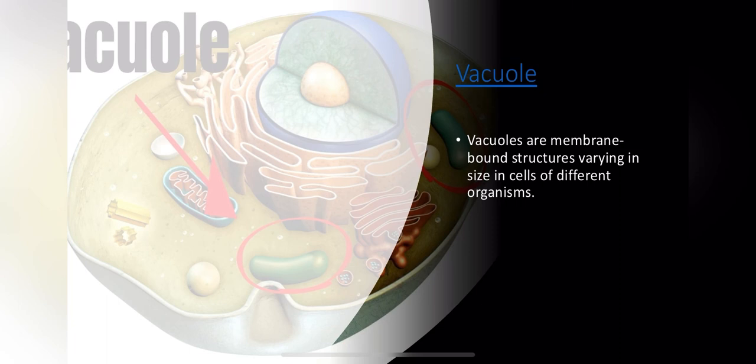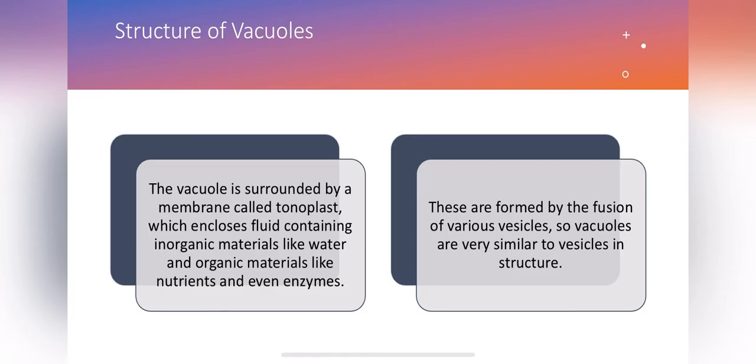Next one is vacuole. Vacuoles are membrane-bound structures varying in size in cells of different organisms. Structure of vacuoles. The vacuole is surrounded by a membrane called tonoplast, which encloses fluid containing inorganic materials like water and organic materials like nutrients and even enzymes.